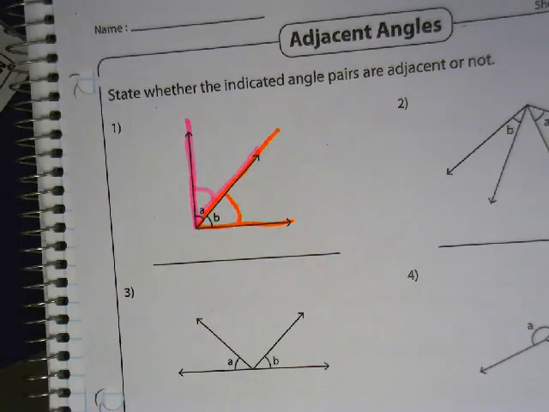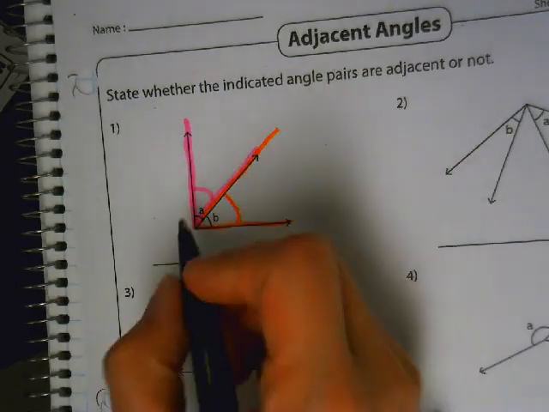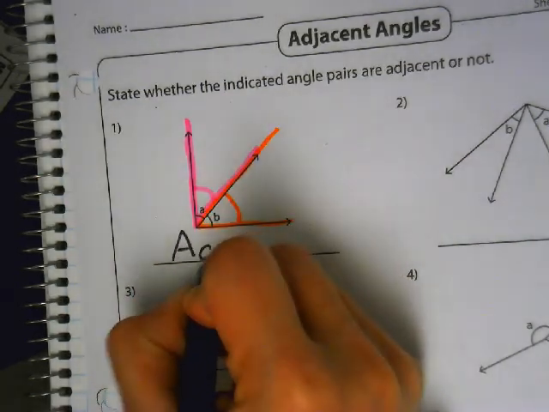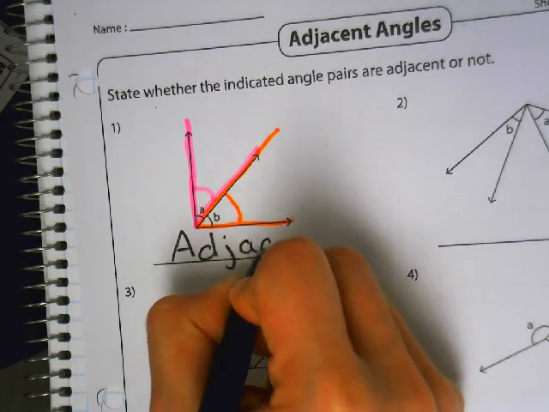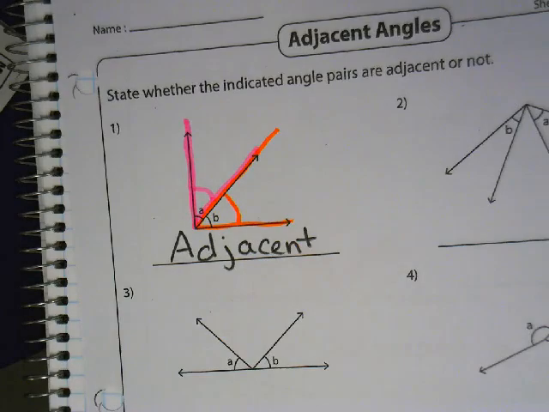Did the pink go on top of the orange? Yes. So if it's a yes, we're going to practice spelling adjacent. Number 1 is an example of adjacent because I'm overlapping.